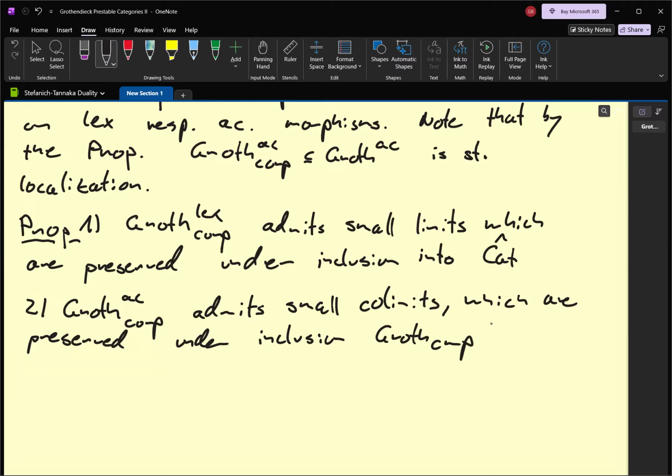Last time we discussed why Groth lex admits small limits, and they were preserved under inclusion into Cat hat. And we discussed why Groth AC admits small colimits, which are only preserved under inclusion into Groth. And so this is just the analogs of that, where we can only hope for inclusion into these two categories because it's wrong if we drop the comp assumption here.